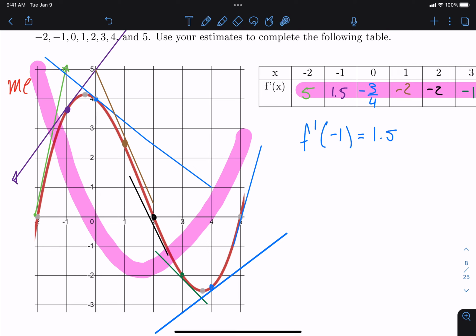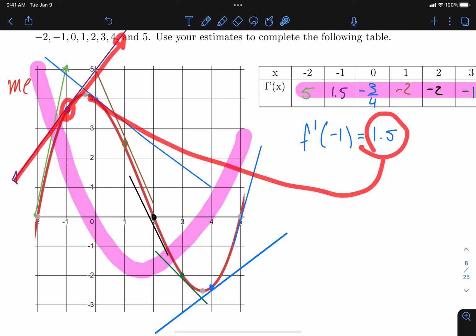That tells us that this is a function in and of itself. If the input is -1, how do I figure out what the output is? What I'm supposed to do is I take that -1, I go to where x is -1, and I take a look at the function. And I ask myself, what is the slope of the function at this point? That is the slope of this tangent line here. And that's what the output will be, the slope of this tangent line.